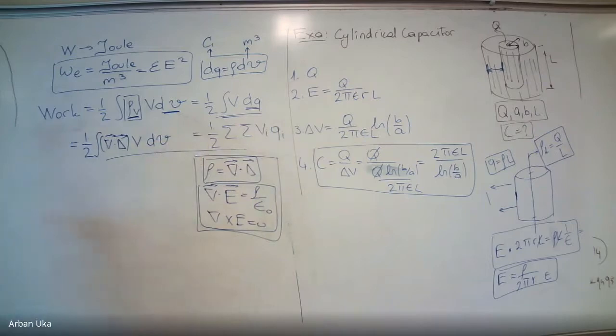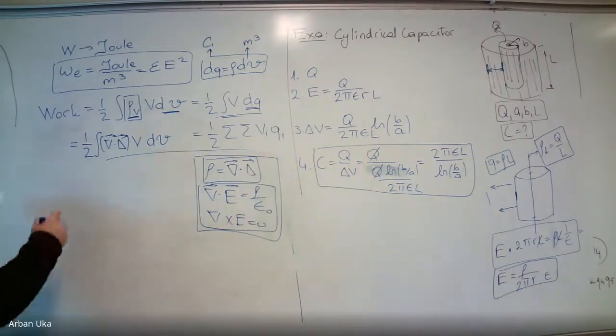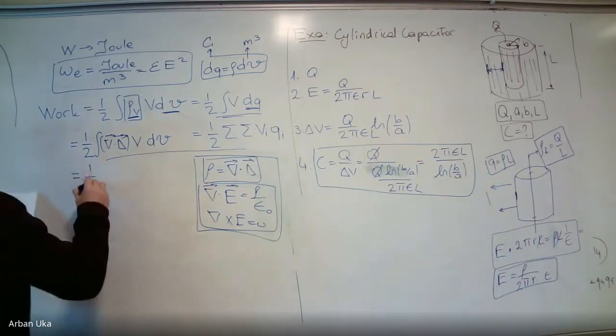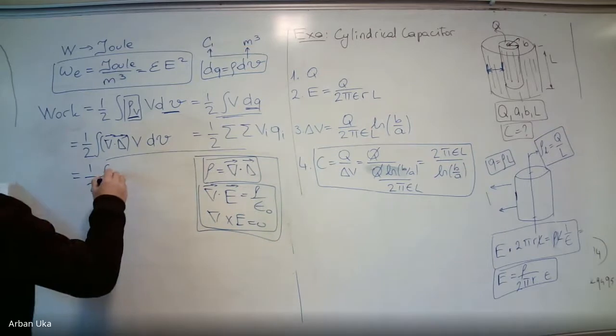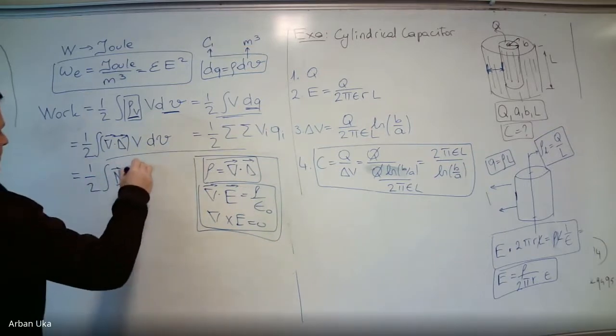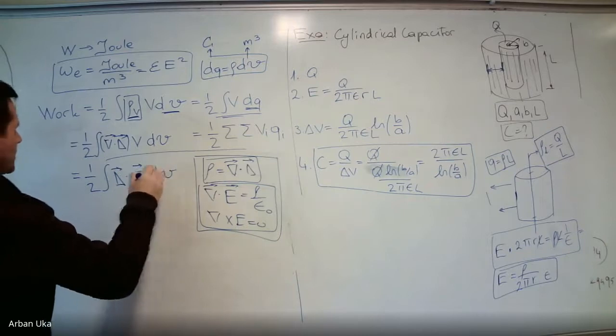These two terms. And if we do a couple of manipulations, here, wait a second, this is D. If we use a couple of manipulations, we can find that the work is equal to D dot product with E, integrating over some volume.